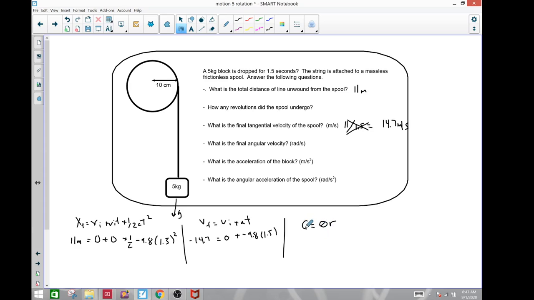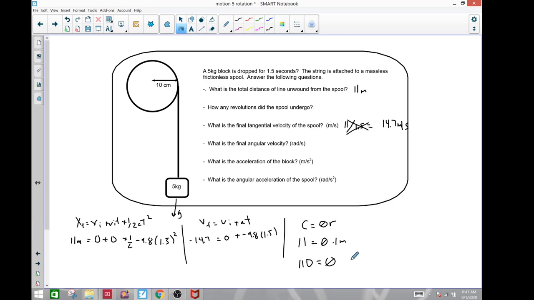So we've traveled 11 meters around the circle, and the radius is 0.1 meters. It's not a very big circle, so the angle I've gone through is a bunch of revolutions. Divide it out, and 110 equals my angle traveled. And keep in mind, 6.2 radians is approximately 1 revolution.